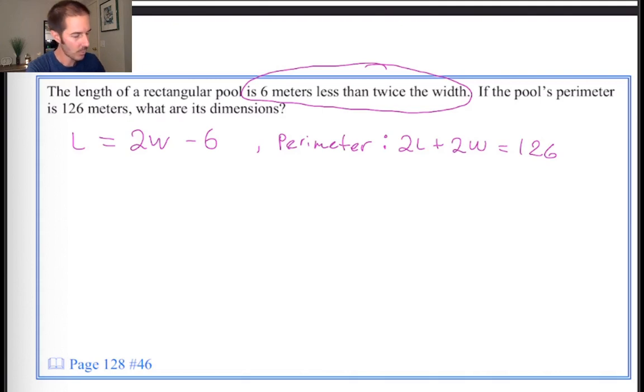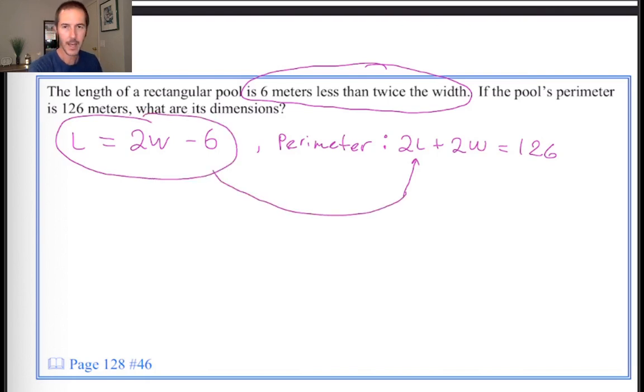I'm going to take this L that's right here, and I'm going to replace it with something of equal value. If only I knew what L equaled. Oh yeah, it equals 2W minus 6.